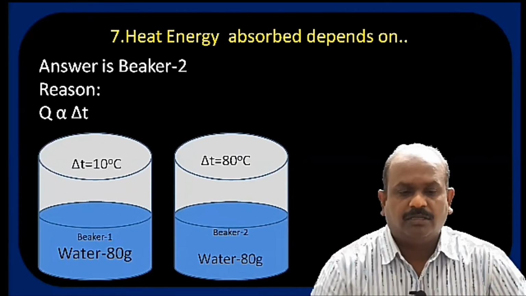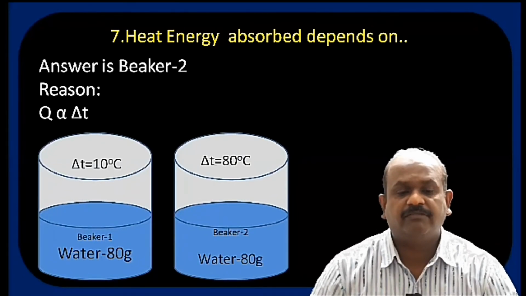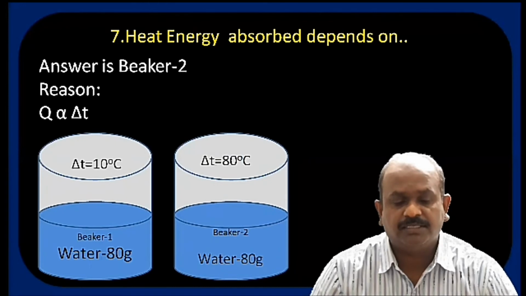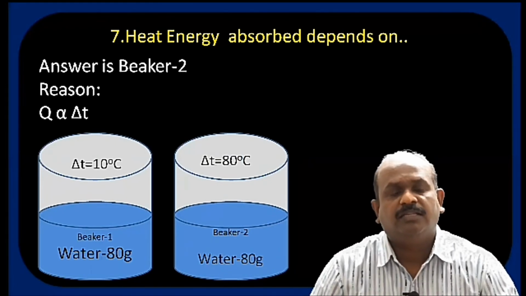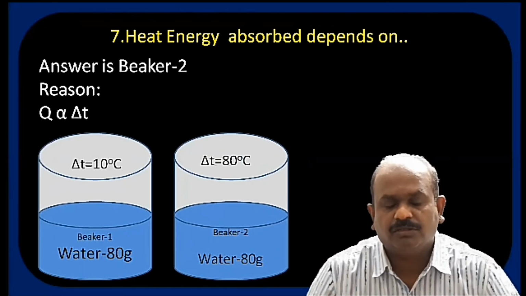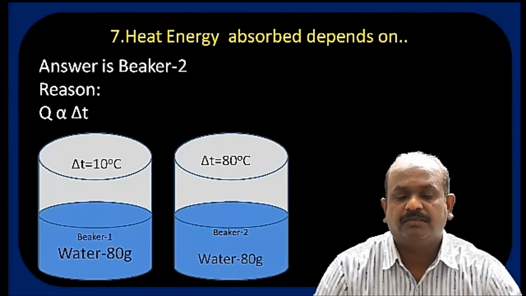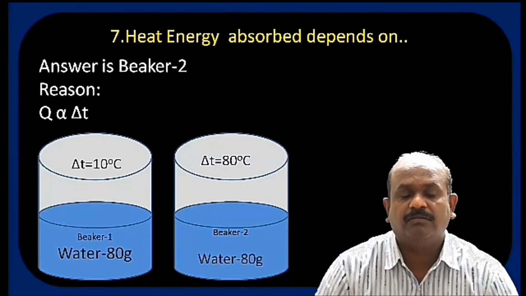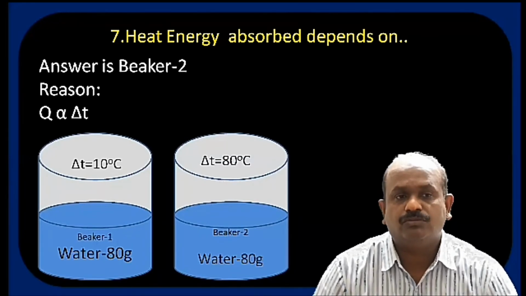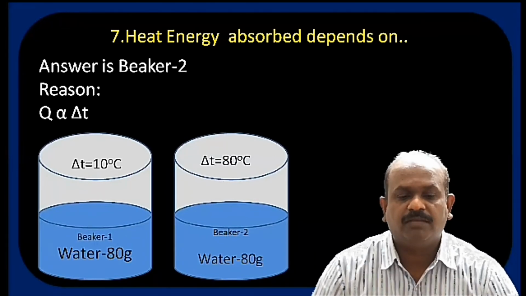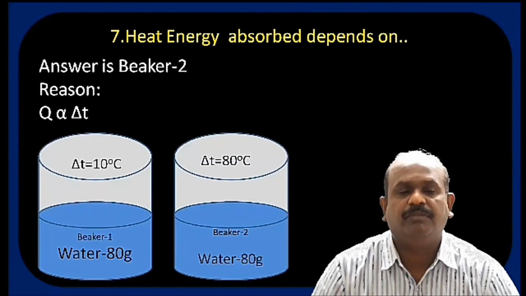So for this question, the answer is the second beaker requires more heat energy. The reason is the amount of heat absorbed is directly proportional to the temperature difference. Because here the temperature difference should be more for the liquid in beaker 2, so we need to supply more heat energy for beaker 2.